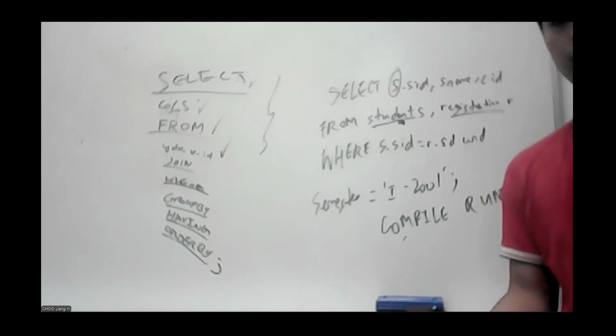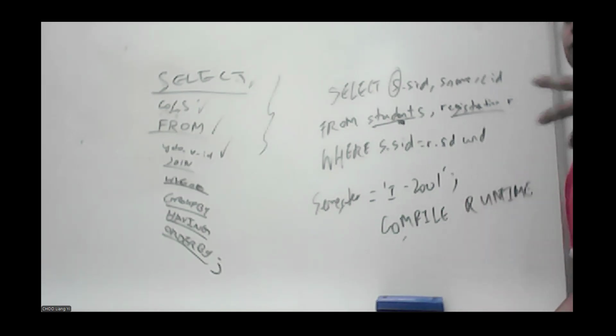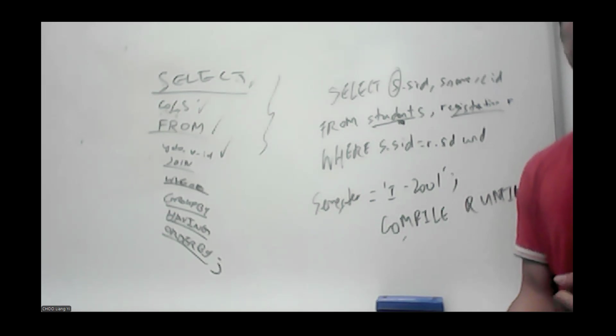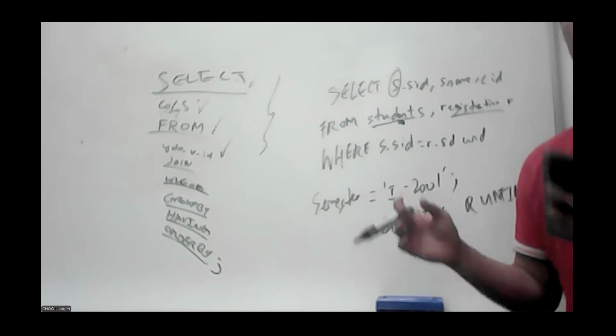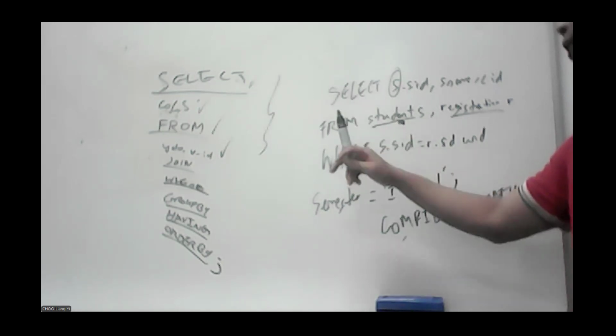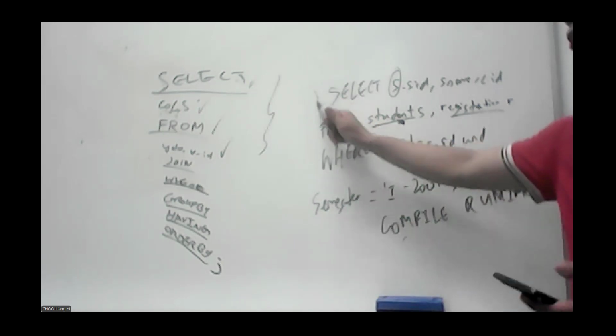You write a letter, compile, before runtime, which is when you actually do the thing, which is you email the letter out. Compile is like doing the grammar check, putting in Grammarly, reading through, checking there's no error. So in this context of SQL, the machine will compile. It will look through the full thing first.